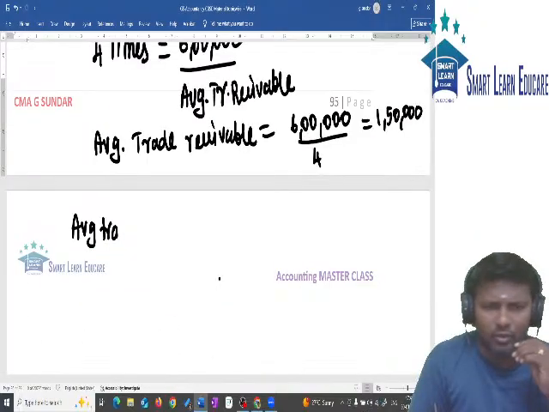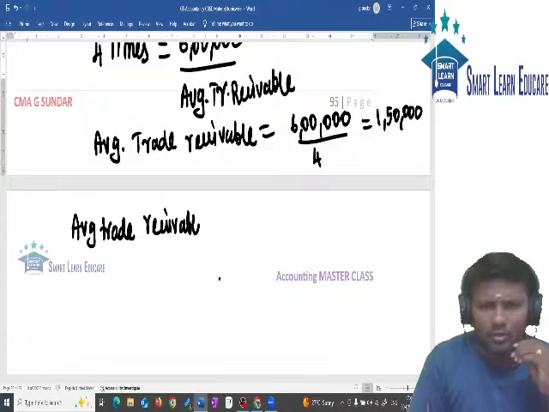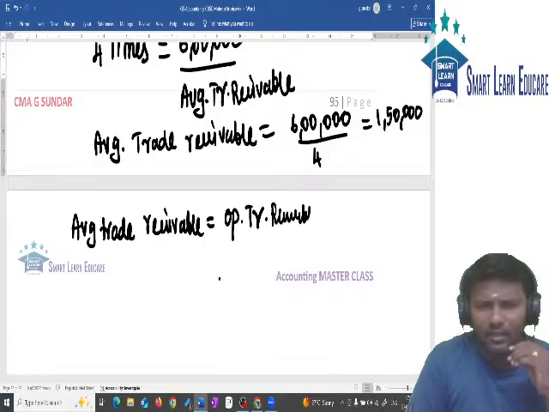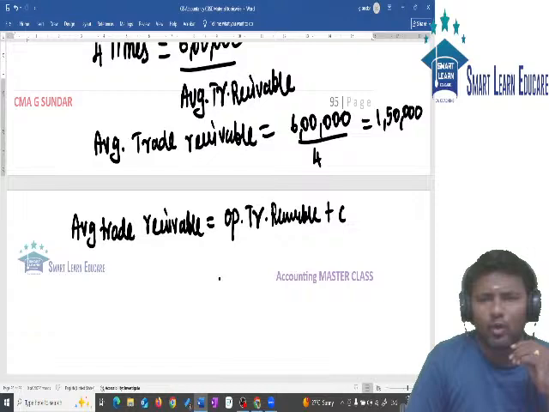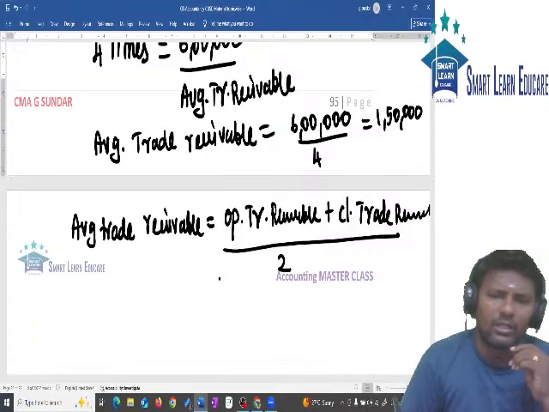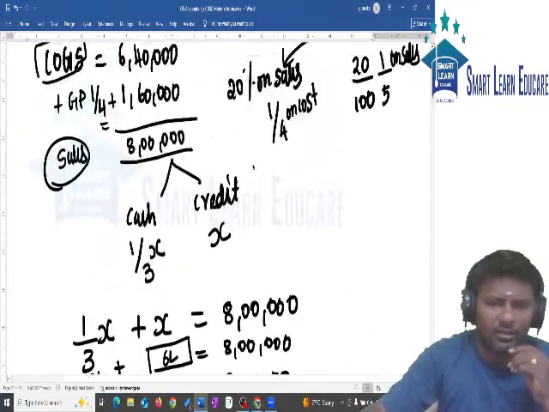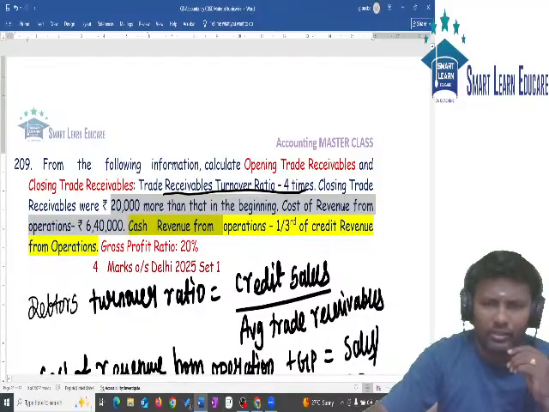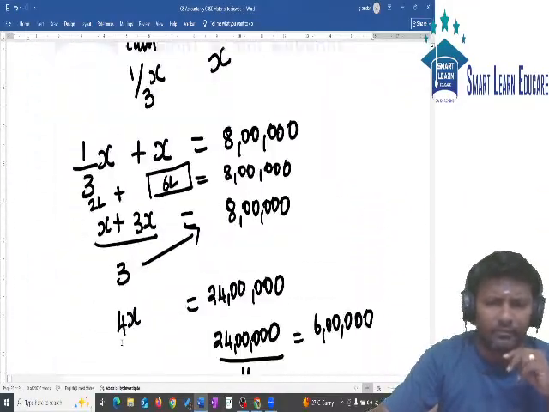Average trade receivable is equal to opening trade receivable plus closing trade receivable divided by 2. We don't know what is opening trade receivable and we know what is closing trade receivable. Closing trade receivable is 20,000 more than opening.